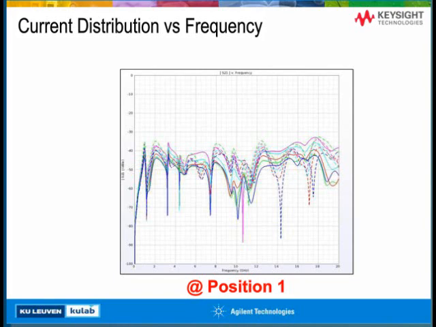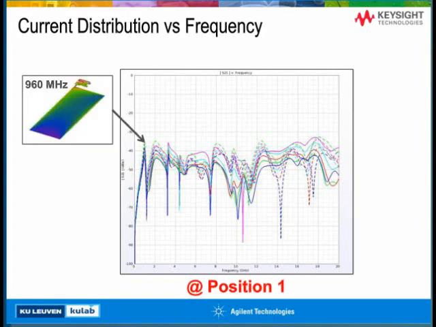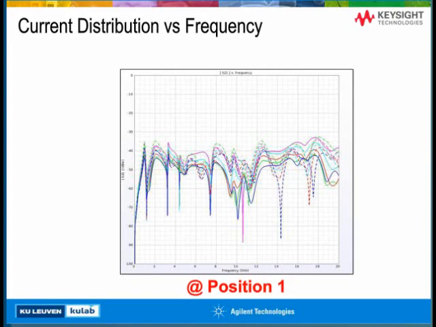What I'm showing here is the coupling from the interconnects to the antenna. At 960 megahertz, we have a maximum, and the interconnects were in position 1, very close to the antenna. Indeed, we have high currents close to that antenna.